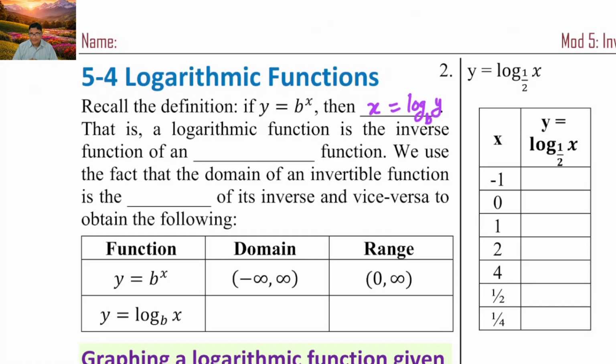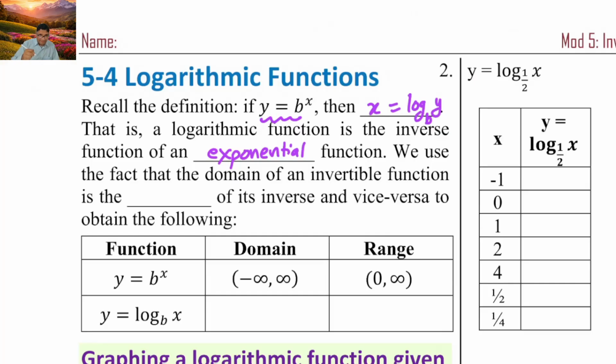We understand that. That is, a logarithmic function is the inverse of an exponential function. What we just did there shows this, right? If y is an exponential function of x, then x is a logarithmic function of y. So logarithmic function is the inverse of an exponential function.